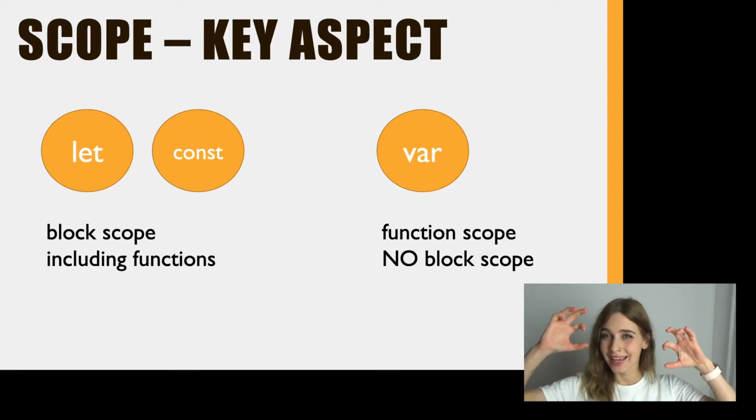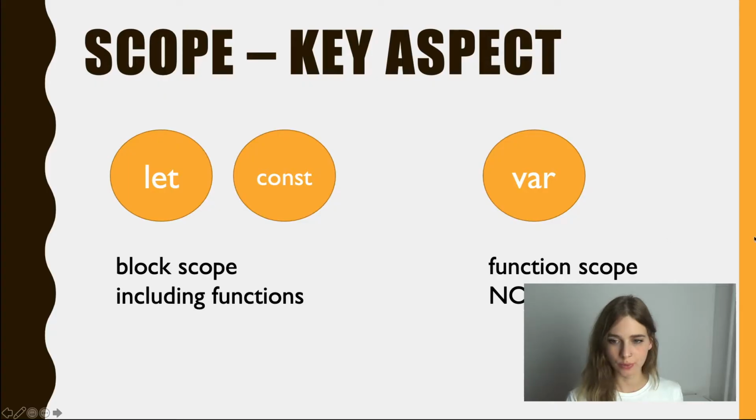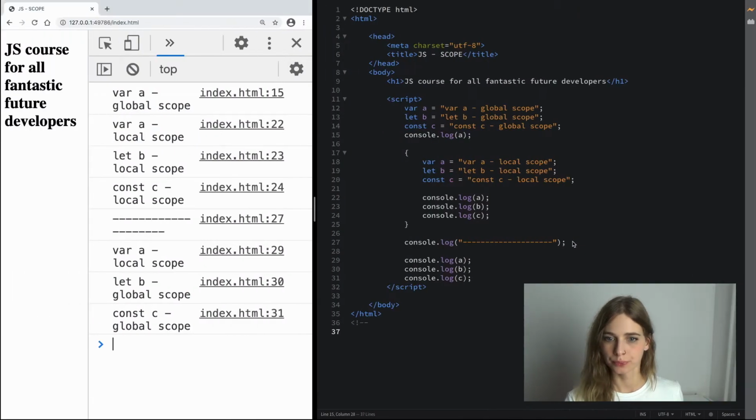So wherever there are curly braces, including functions, they will have this local scope. Variables created with the keyword var have no regard for the curly braces. If it's not a function, it doesn't matter to them.